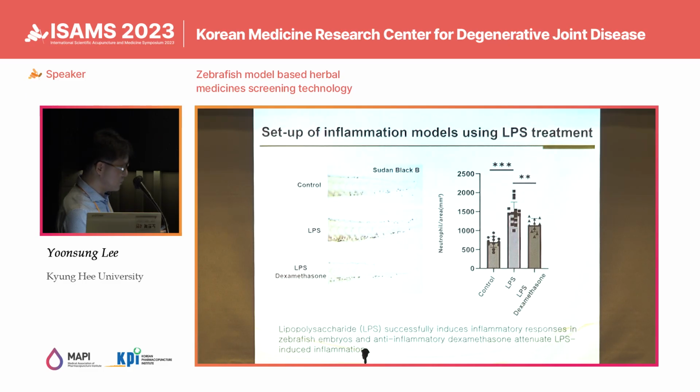As you can see here with this quantification, when we treat with LPS, inflammation is induced very successfully. With co-treatment of dexamethasone and LPS, we can see a reduction and alleviation of the inflammation, which means this system is working fine.